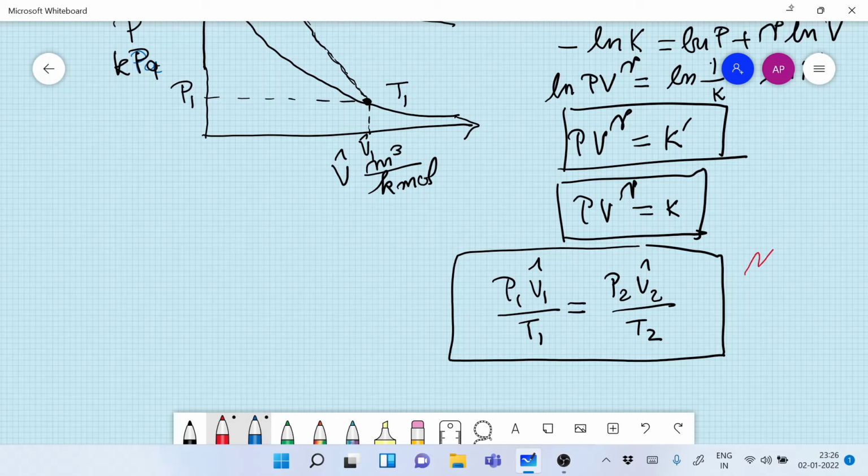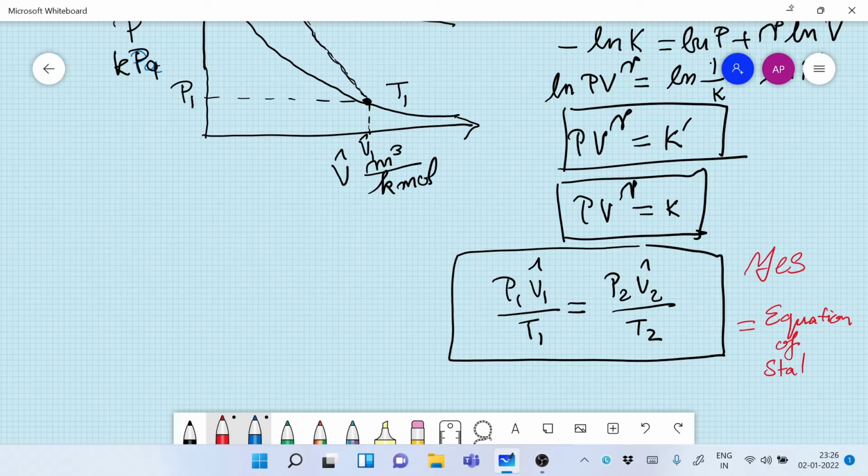The answer is yes. This is the equation of state, as it shows a relationship between the state variables.